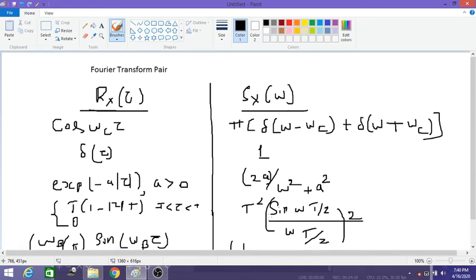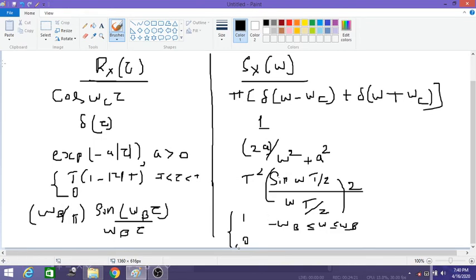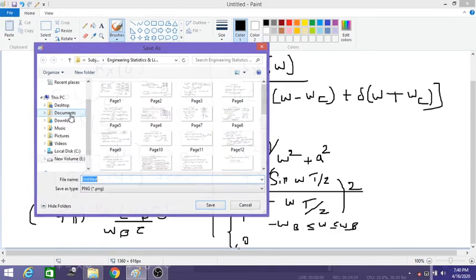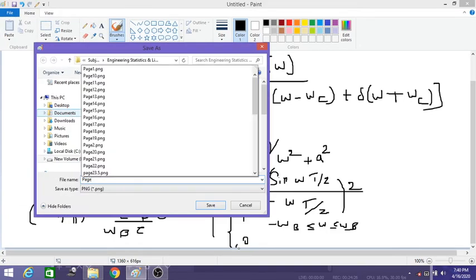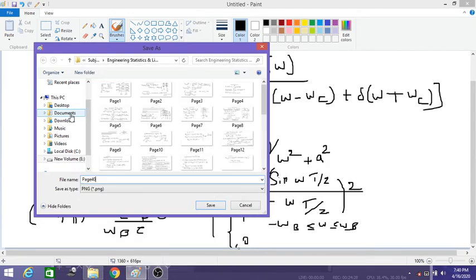These are a few Fourier transform pairs that we will use in the coming examples. Page 40.